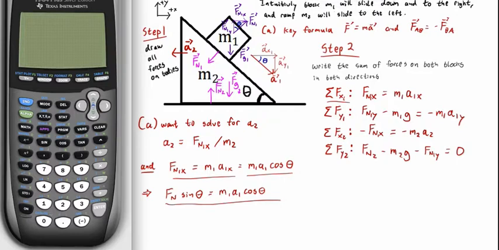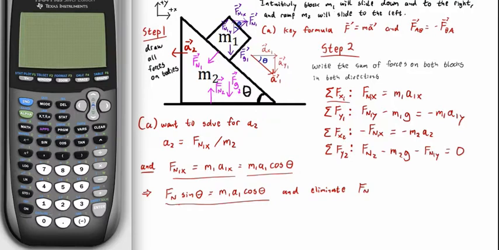But you can see we currently have an equation here where we have two unknowns, Fn and a1, and we're trying to solve for a2, which isn't there yet, although we'll get there. And so what I want to do is eliminate Fn.